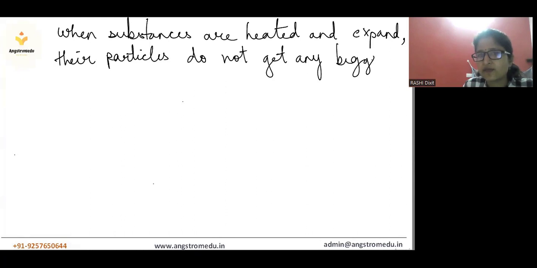So that means we usually think that when the substances are heated, they expand because their particles become bigger. No, this is not the case.